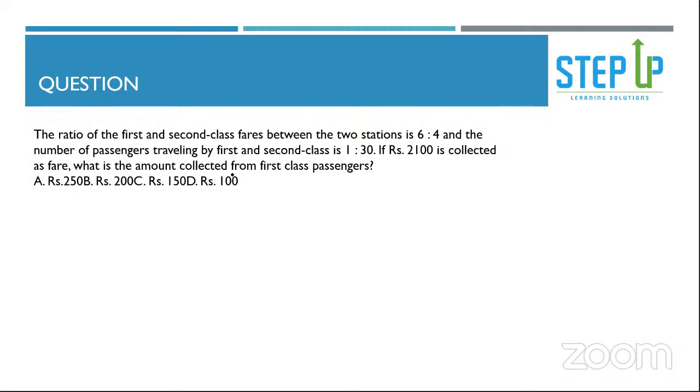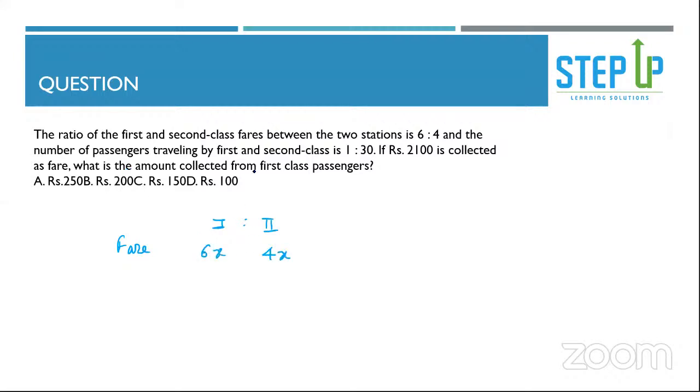So the ratio of the first to second, first class and second class, first of all, the fare, if it is 6 is to 4, we'll write 6x and 4x.